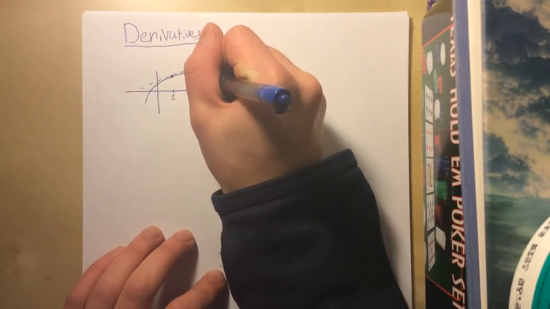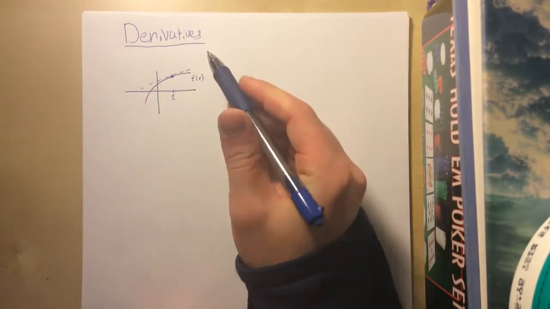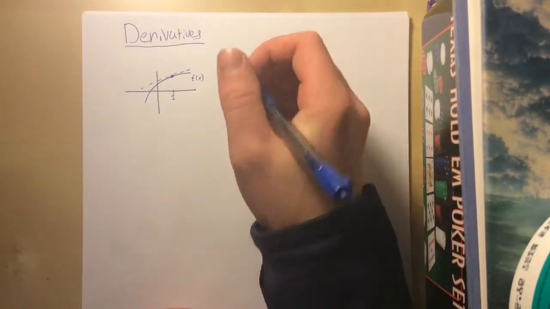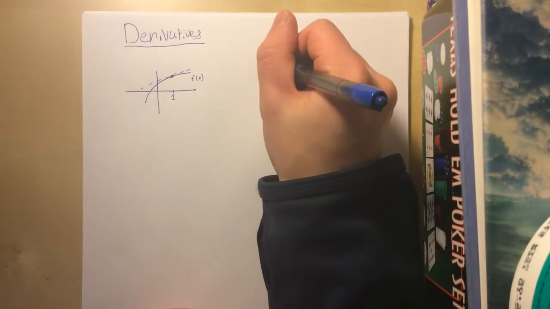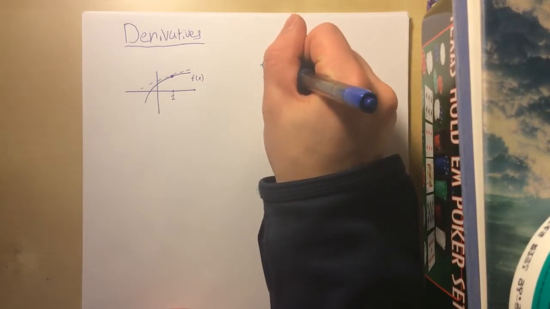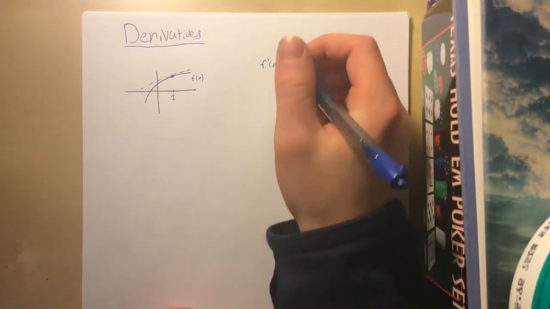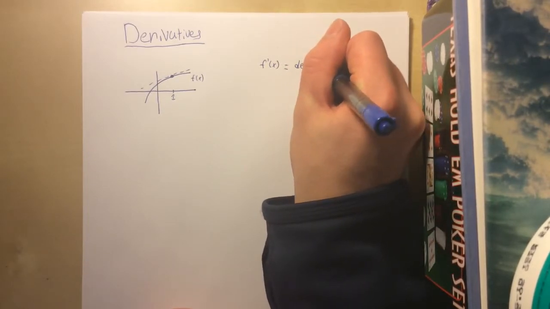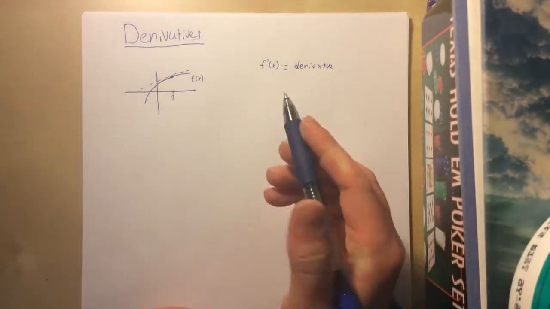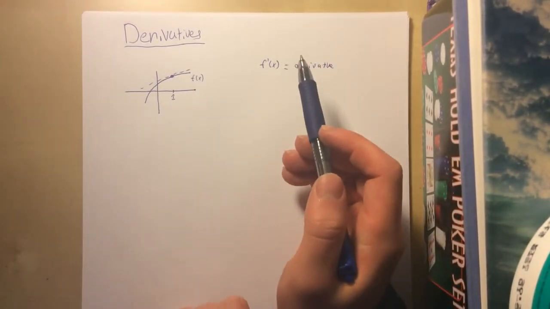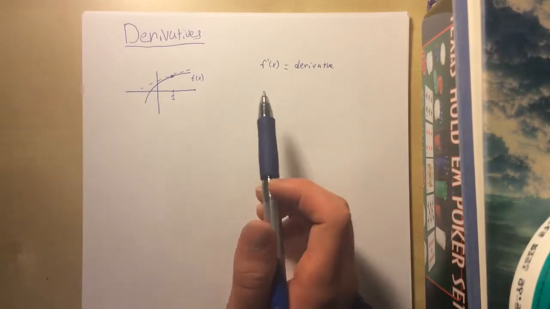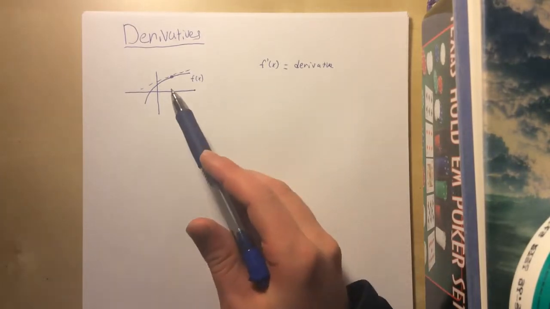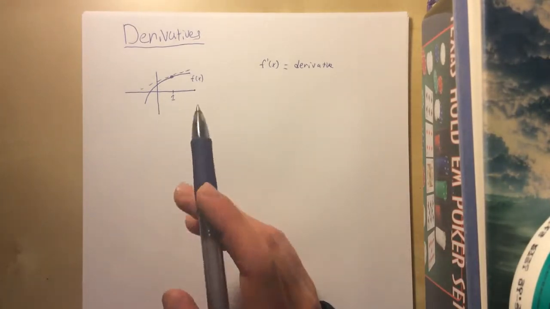So f of x is a function, and the derivative of f of x, also called f prime of x, because we're going to see that notation a lot, is a function. So the derivative is a function, and it measures the slope of the tangent line to your original function.